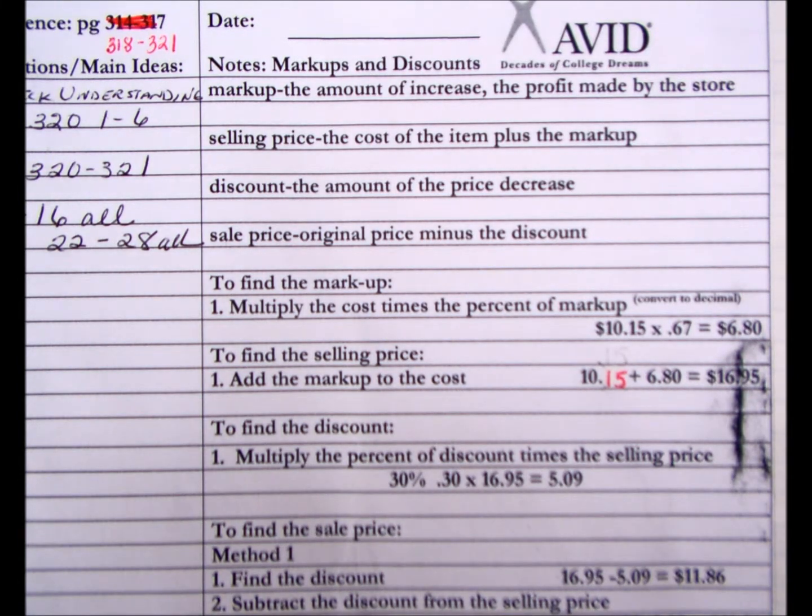We convert 30% to the decimal 0.30, or 30 hundredths, and we multiply that times $16.95, and we find out that the discount is $5.09. So we take the discount and subtract it from the selling price, and we find out that they're going to charge you $11.86 for this item.